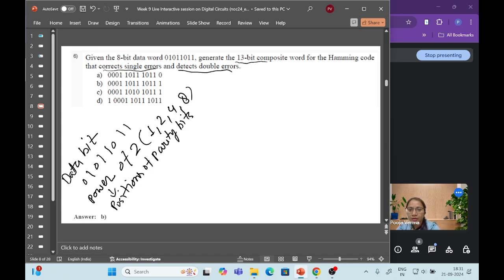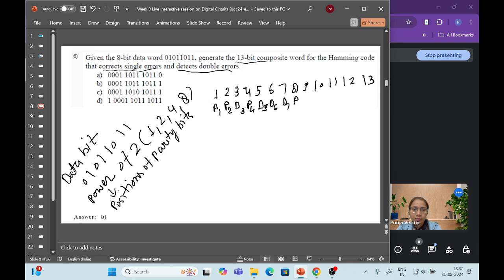Okay, so I can take it 1, 2, 3, 4, 5, 6, 7, 8, 9, 10, 11, 12, 13. At the first position there is one parity bit, and the second position is also a parity bit, and at the third position there is a data bit, the fourth position is a parity bit, that is P4, and the fifth position is a data bit, that is D5, D6, D7, P8.